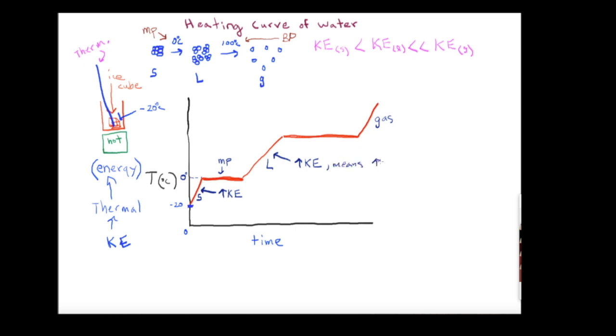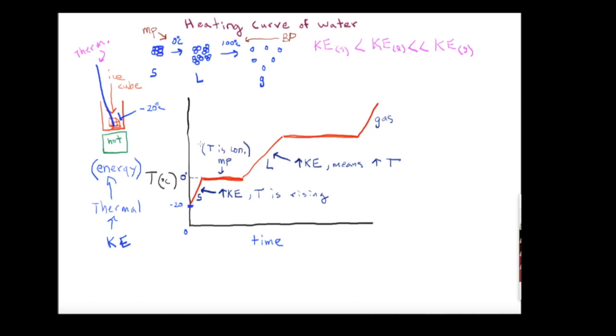It means that your temperature is rising. All right, and we can do that down here too. So T is rising in this region here. And here T is constant.